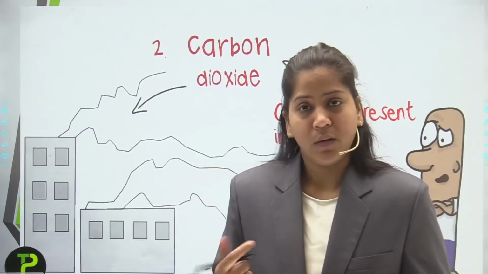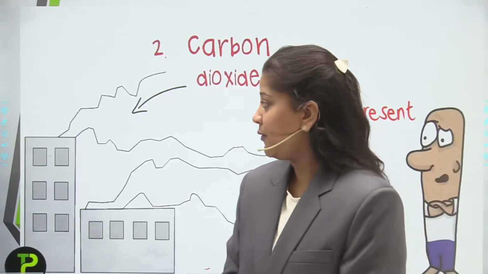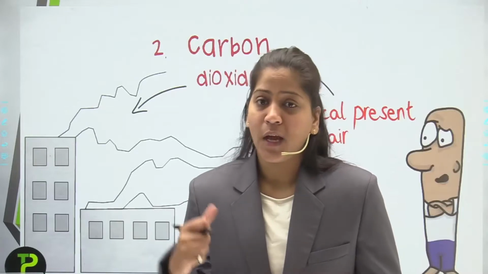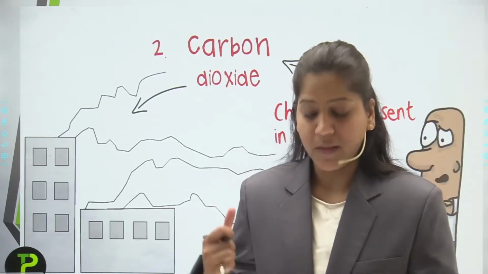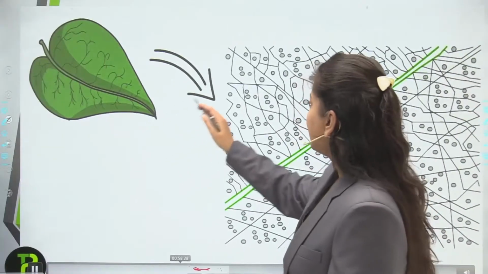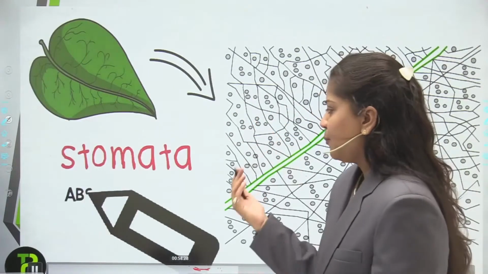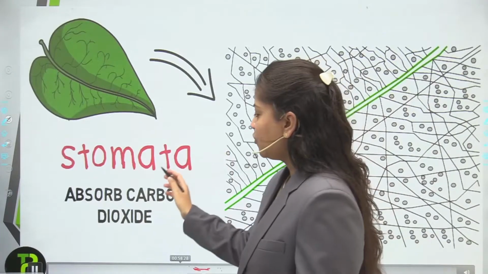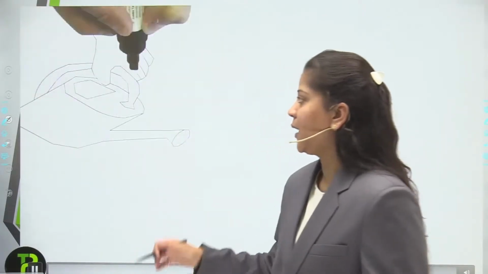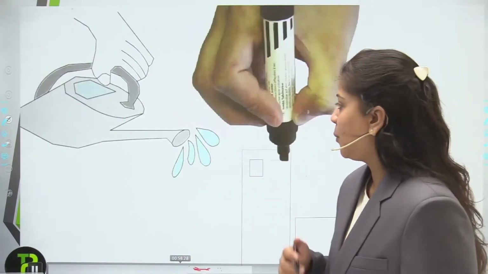Plants are also living organisms, so they are also composed of cells. In plant cells, there are specialized openings or structures, or we can say pores, by which they absorb carbon dioxide, and those pores are known as stomata.